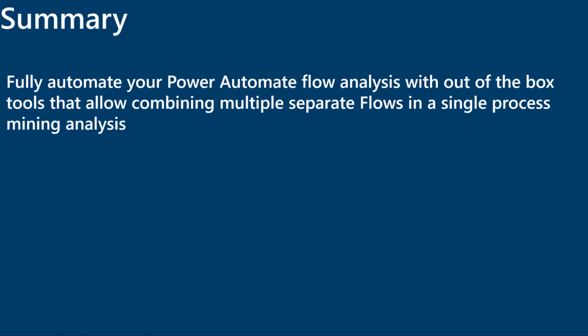And it doesn't matter if you have one single Power Automate flow or multiple ones, you can combine them and analyze them together if you want. There's a lot of magic going on here, and you can do the same, just need to configure it in maybe a similar way as I showed you in this and the previous parts.